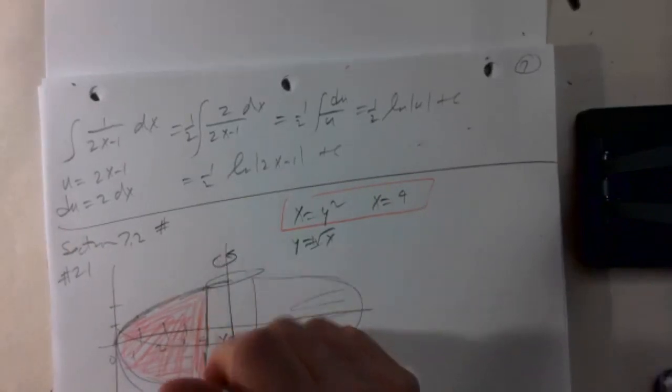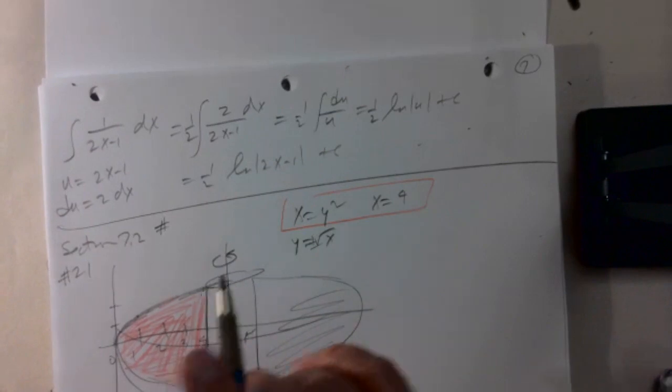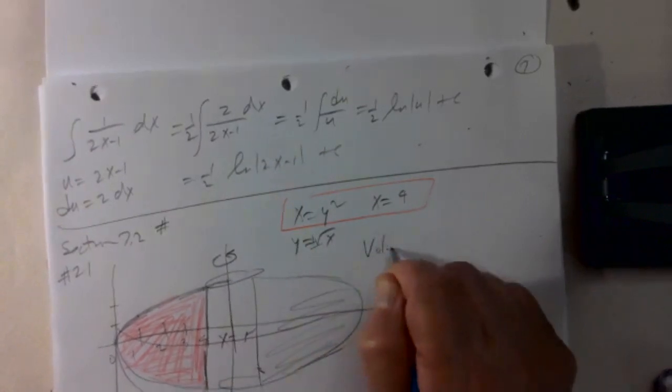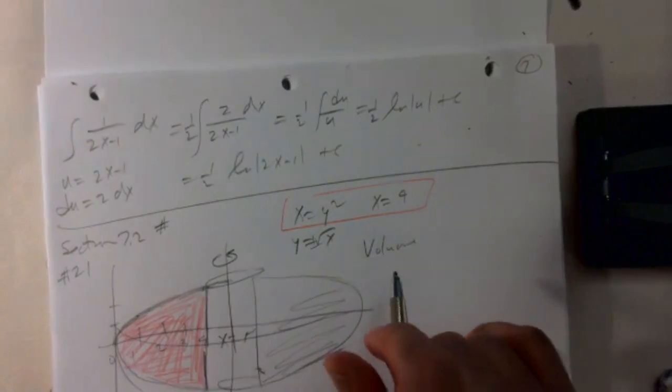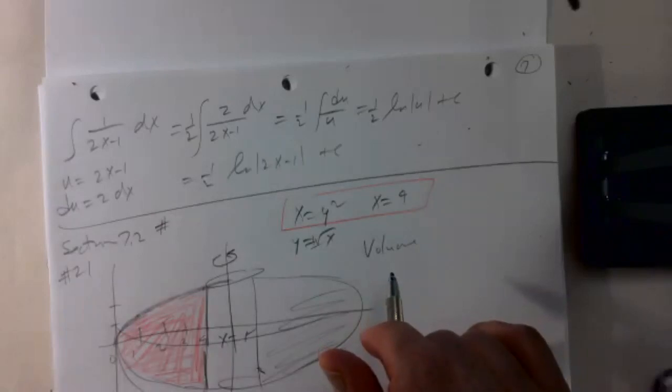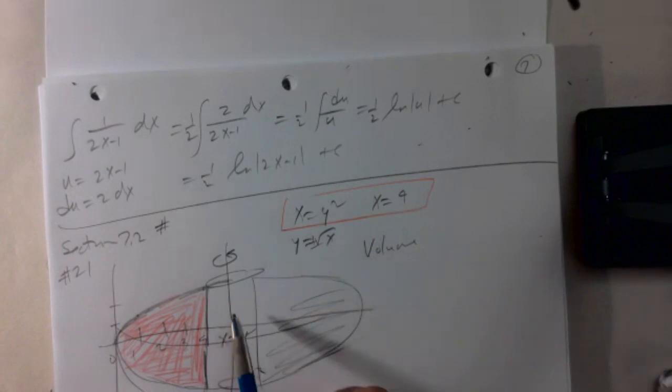This is the axis of rotation. And what is the volume? We're supposed to do this by the disk method. This axis of rotation is perpendicular to the x-axis.